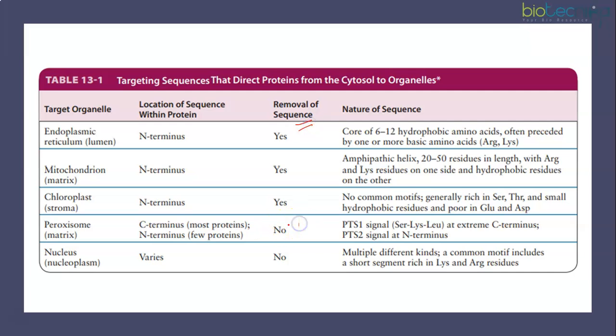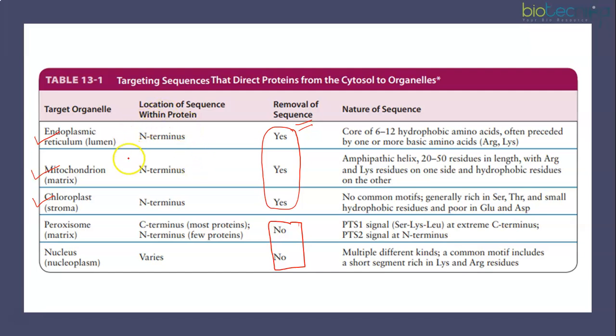In the case of peroxisome and nucleus, the sorting signal is not removed. It will be retained along with the proteins. But in the remaining organelles, endoplasmic reticulum, mitochondrion and chloroplast, the signaling sequences are removed once they reach the destination. That means they will have specific proteases or peptidases that help in the degradation.